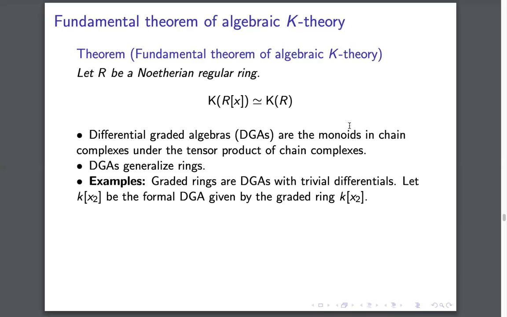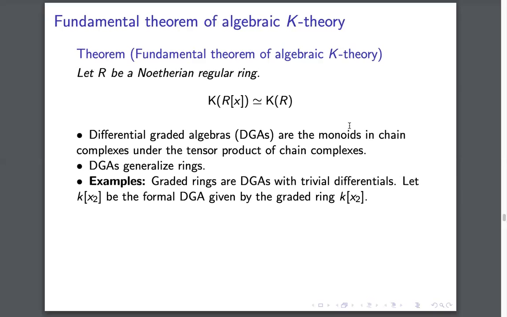Take a ring, just like every module is a chain complex, concentrated in degree 0. You can take a ring and think about it as a chain complex concentrated in degree 0. That's a DGA. You can do more. Actually, you can take a graded ring and think about it as a chain complex where the degree i part of the chain complex is given by the degree i part of the graded ring, with trivial differentials.